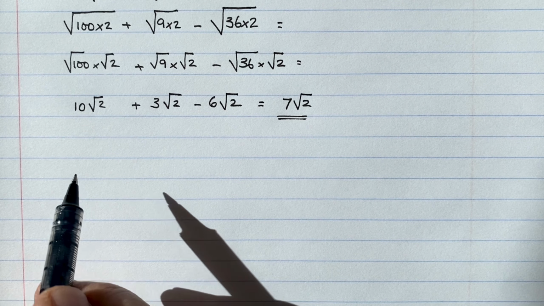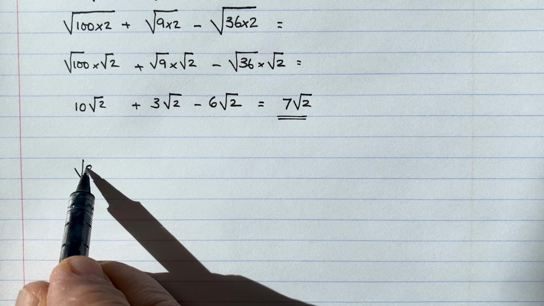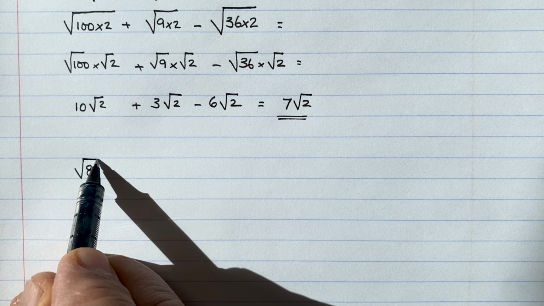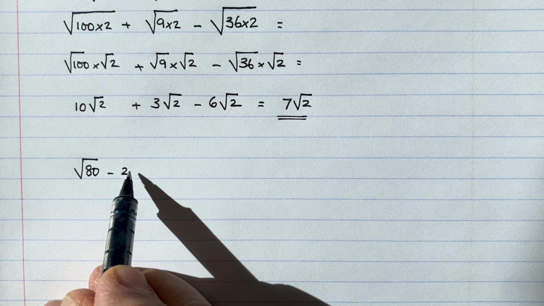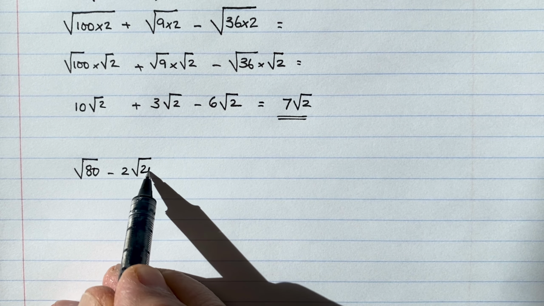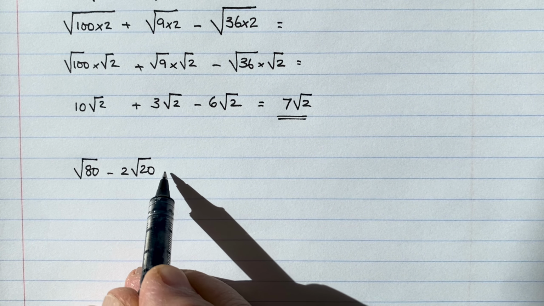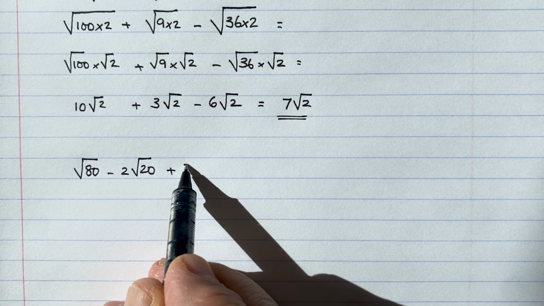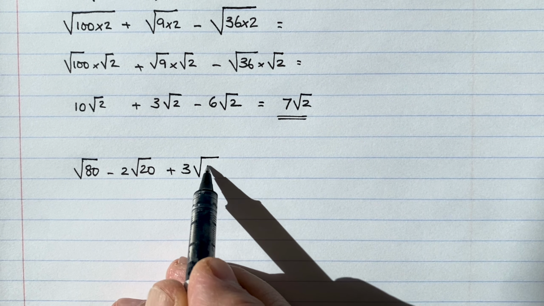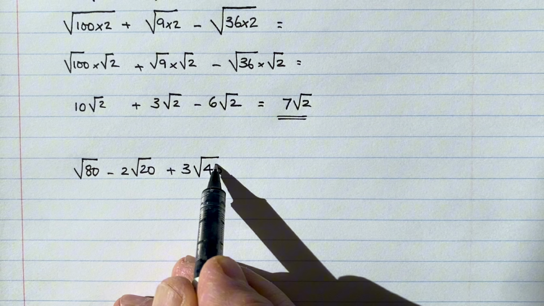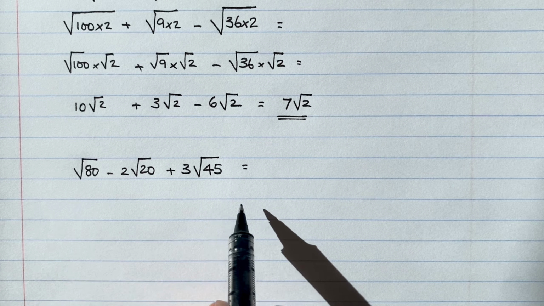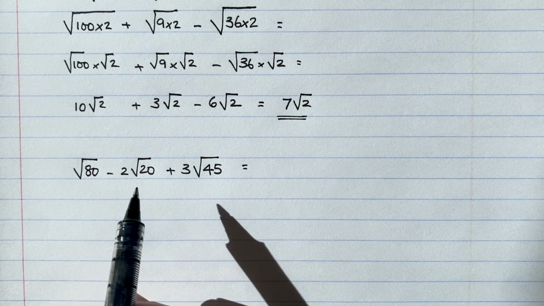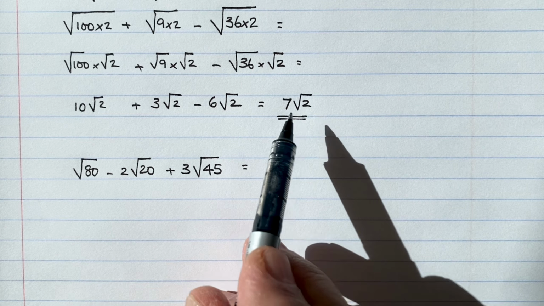One more example. Root of 80 minus 2 root 20 plus 3 root 45. When they ask you to simplify surds like this, often they all have the same common surds.